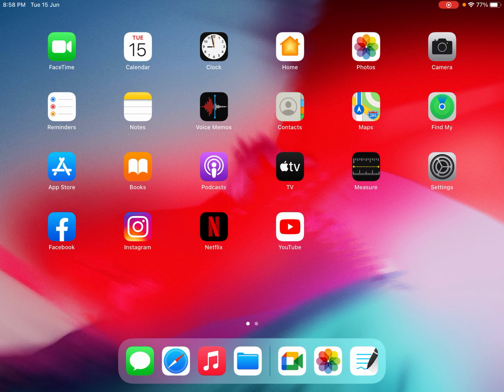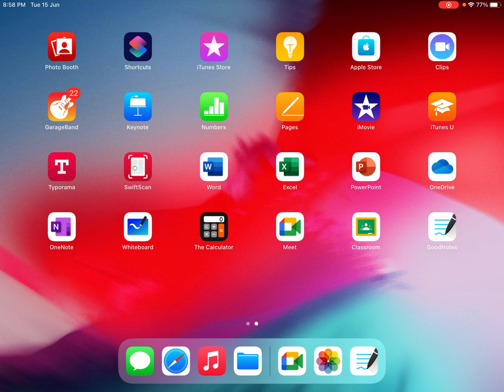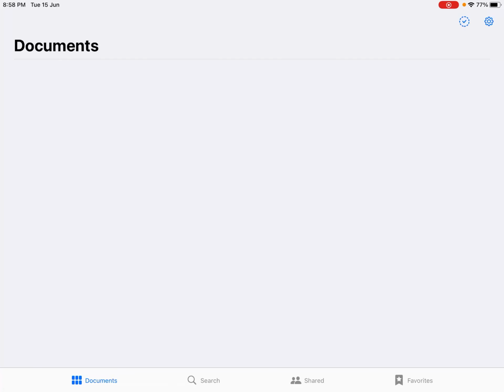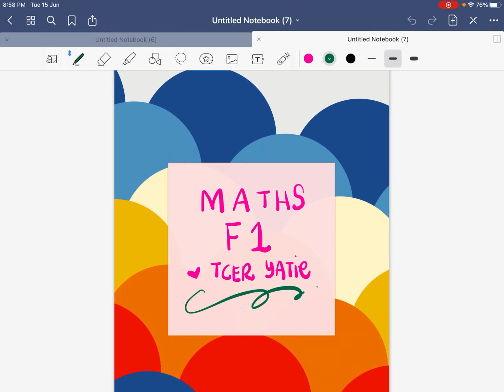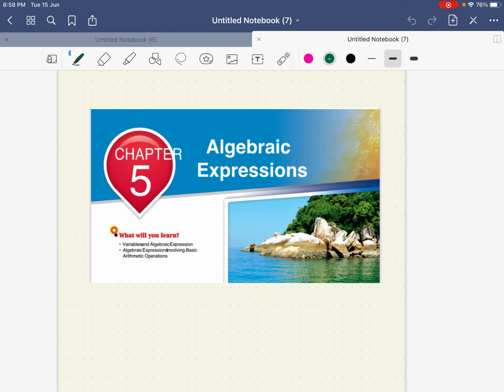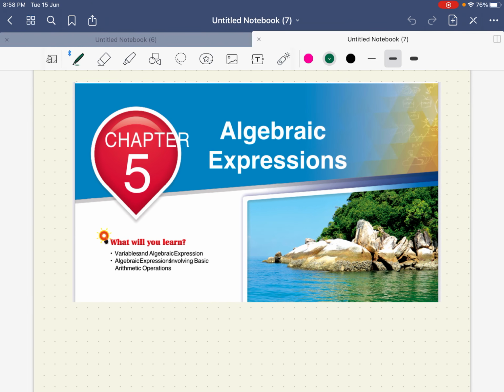Okay, for 1C, it is just the same as the algebra language that I showed before the holiday. Okay, the topic is Chapter 5 in KSSM MOE.